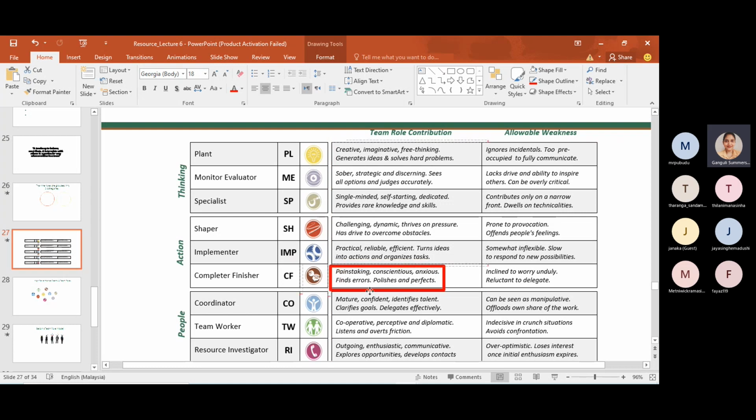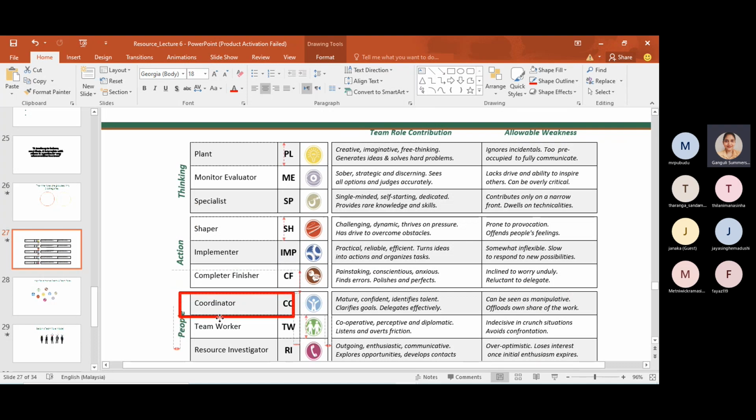This person finds errors, polishes and perfects. This person is good at finding errors and trying to correct them. Since a completer finisher tries to be perfect all the time, this person worries a lot. So worrying unnecessarily can be a weakness of this role.